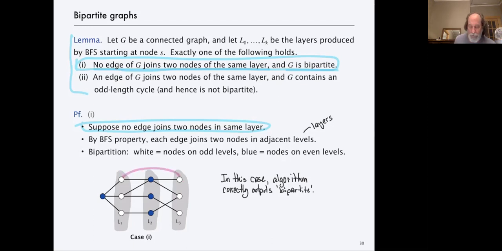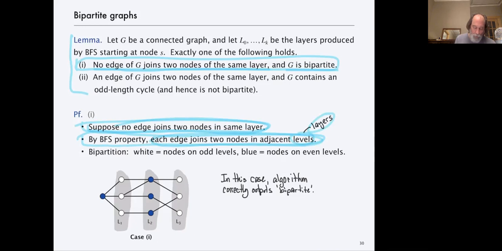Well, we already know that those edges cannot exist, because we proved that no edge joins two nodes that are more than one level apart. Since we've excluded edges joining nodes in the same layer, we know every edge joins two nodes in adjacent levels. Levels and layers are synonymous in these slides.